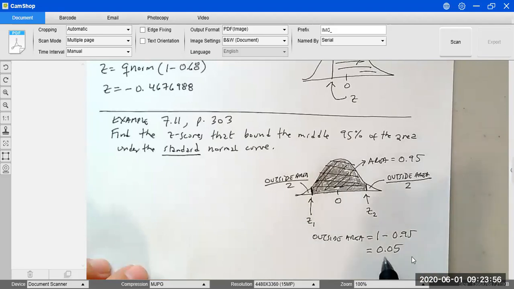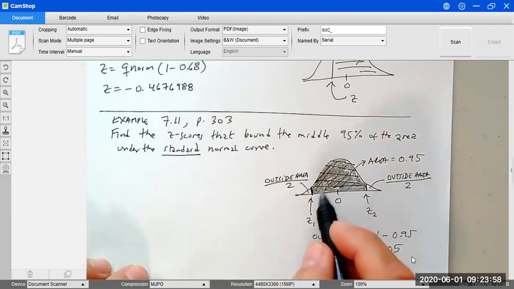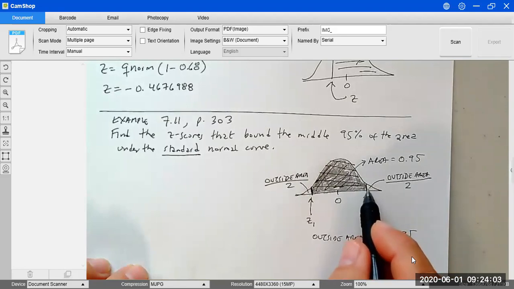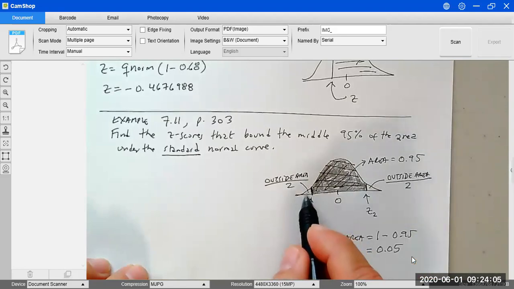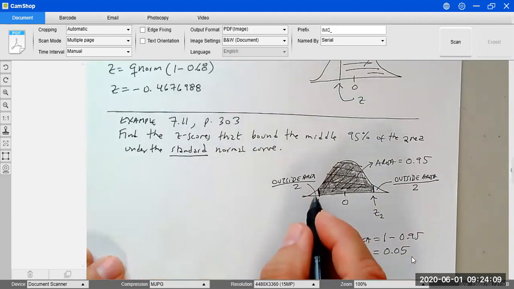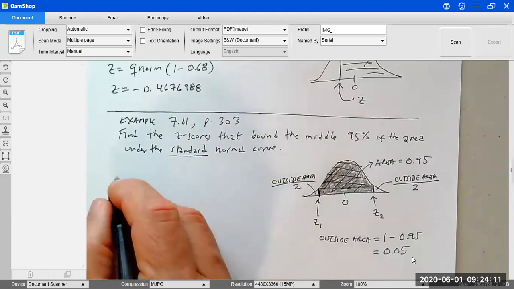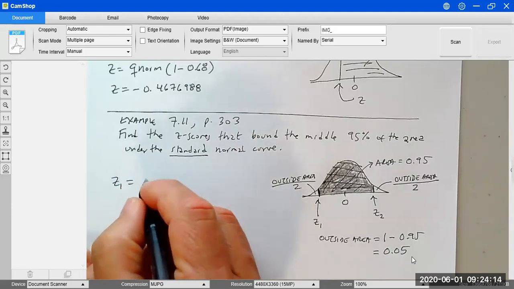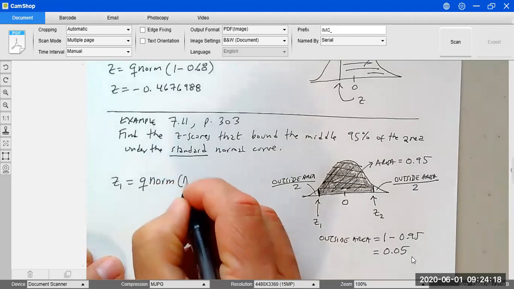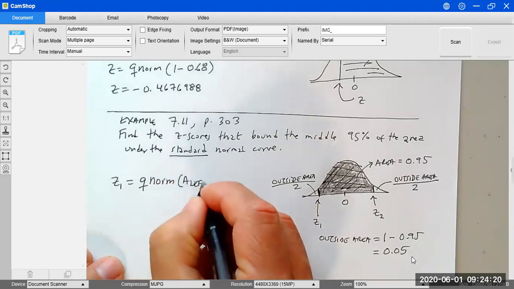So we're going to divide this by 2, and that is going to be the little part that corresponds to these little areas under the curve, the little pieces. So let's start with z1. With z1, I just need the area to the left. So z1 is going to be qnorm, and the area to the left.